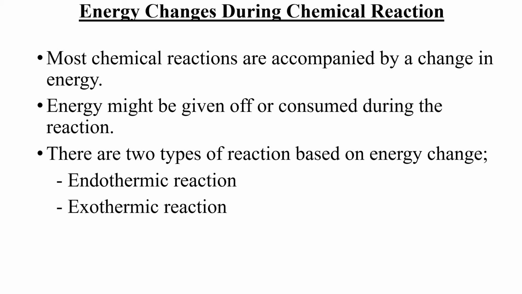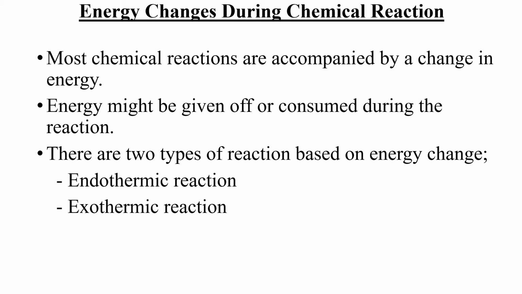Okay, so the next effect that we will see at the equilibrium is the effect of temperature. Before we see how temperature affects the equilibrium, we actually have to understand energy changes during a chemical reaction. After that, we will see how temperature affects the chemical equilibrium. Most chemical reactions are accompanied by a change in energy.